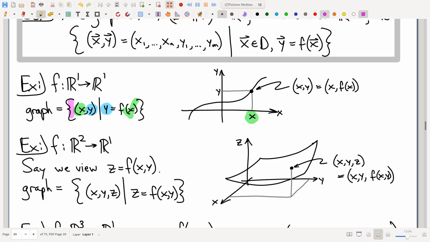You then say, okay, I want to look at the point in the xy plane where x is the first coordinate and y is the second coordinate. And that then gives you, for that x, given its corresponding y, this corresponding point, x comma y. The graph of the function is the collection of all such points.